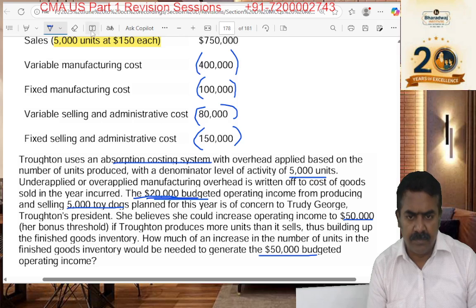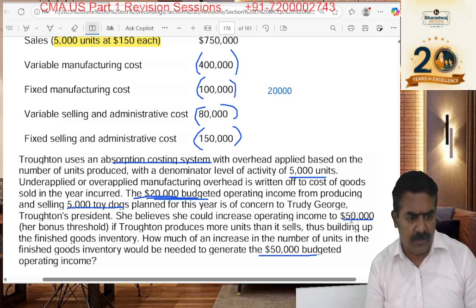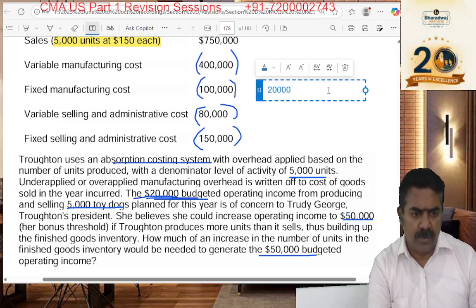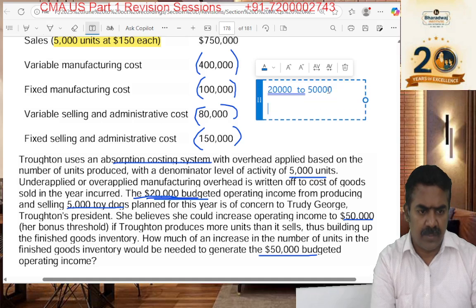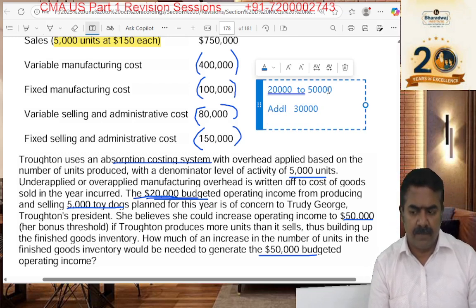We want to have it at 50,000. So from 20,000, how much do we want to increase? Additional 30,000 we want.